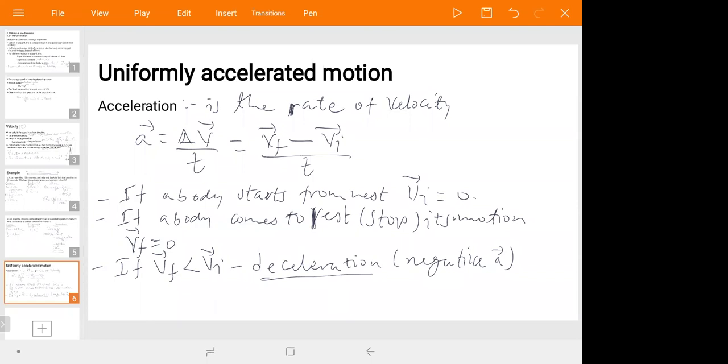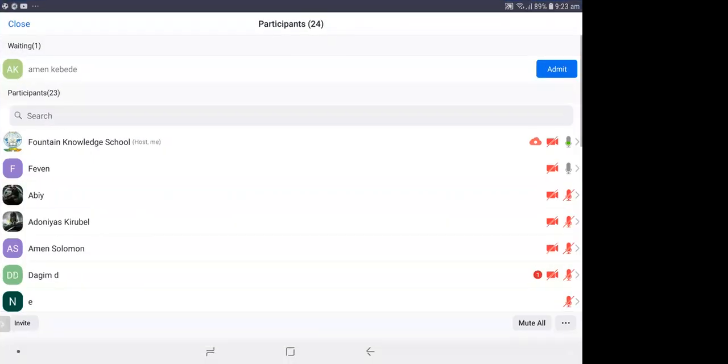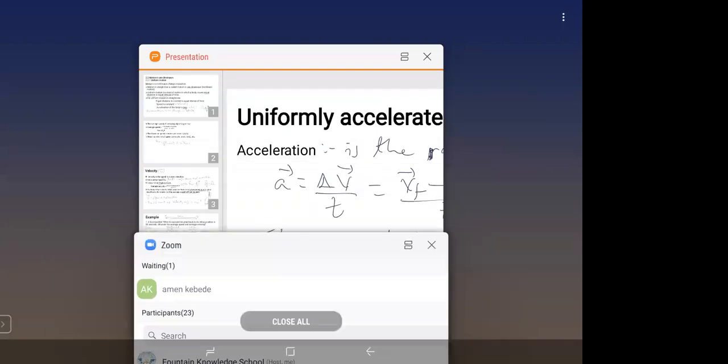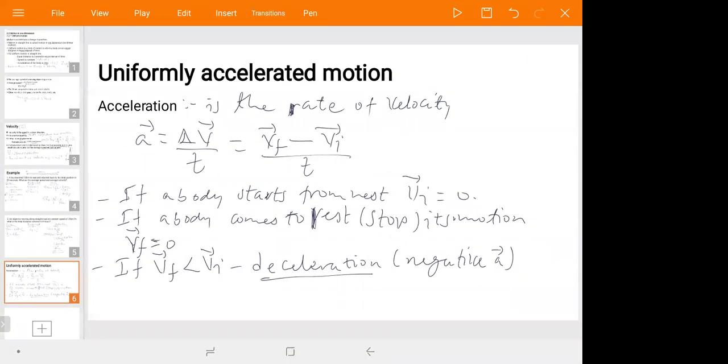So, uniformly accelerated motion is a motion whose velocity increases by a constant value, and its acceleration is constant. We will stop on these points.